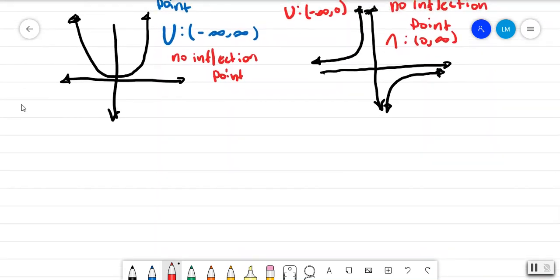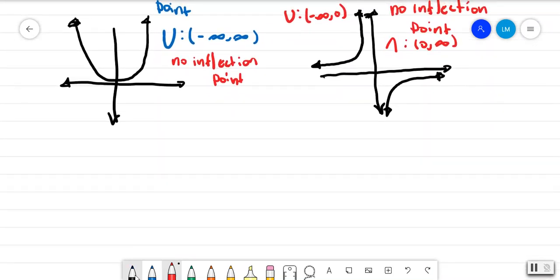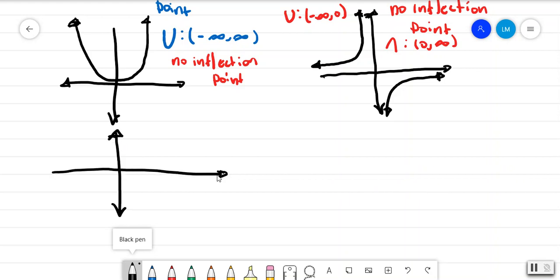But what if we looked at another example where you could possibly have that? Let's say the graph looks like this. Then we can see that this function has no inflection point also.